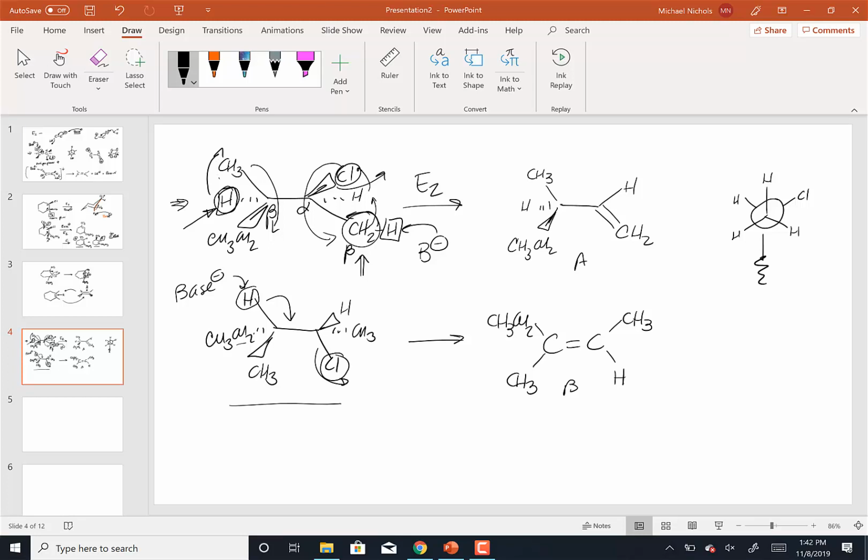Now we're going to do this again next semester when we do Hofmann elimination. I'll introduce the idea of the Hofmann product, but the Hofmann reaction is going to be next semester.